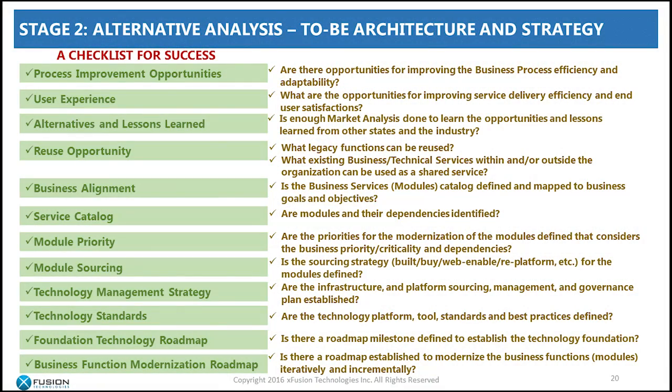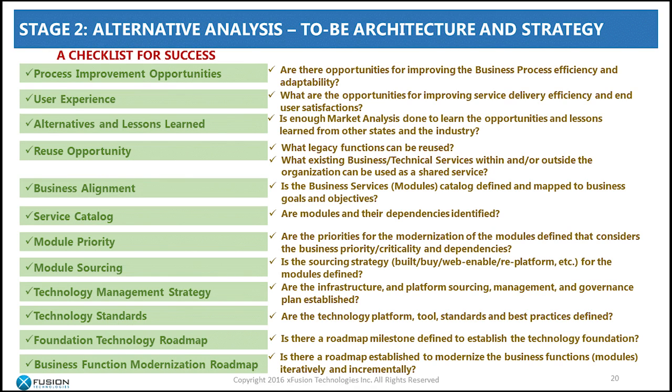So that's about the as-is analysis, right? Now the to-be architecture definition and the strategy. The key objective of this is, what is the checklist? What are the things that we need to know in this particular phase? Let's look at the checklist of components that will ensure that you have done your job right, okay? One is the process improvement opportunities.